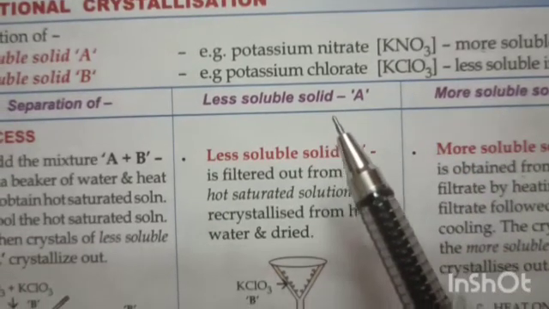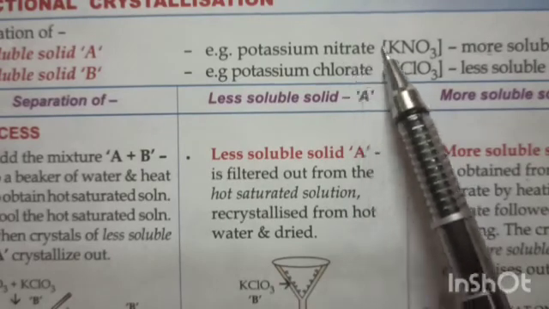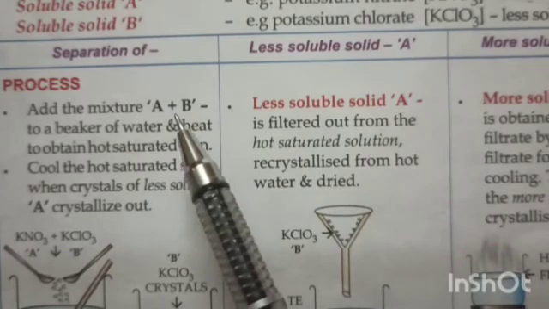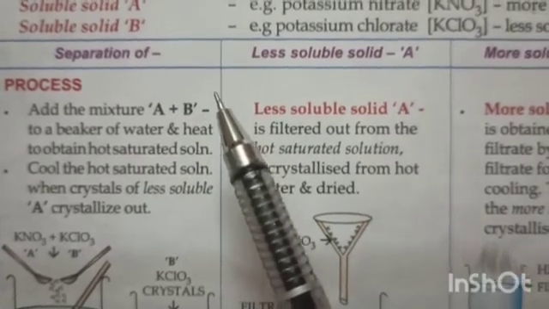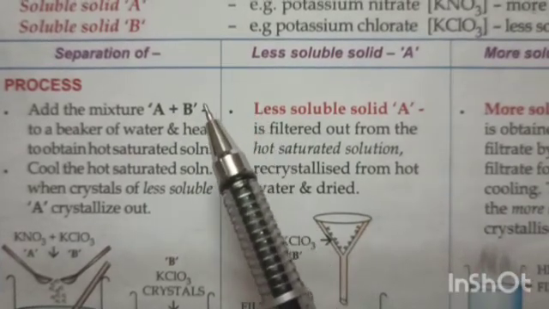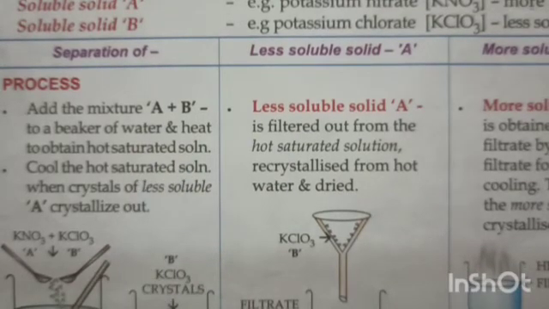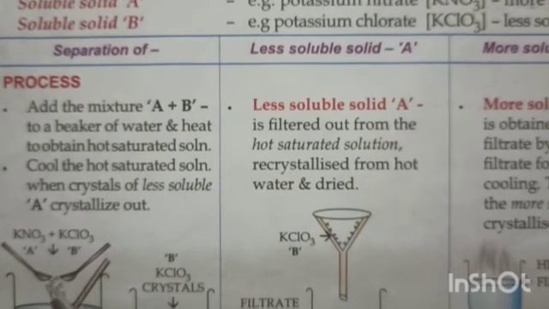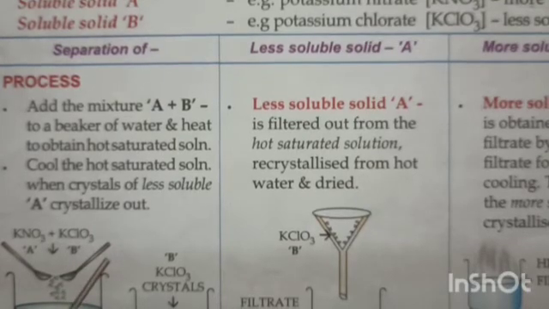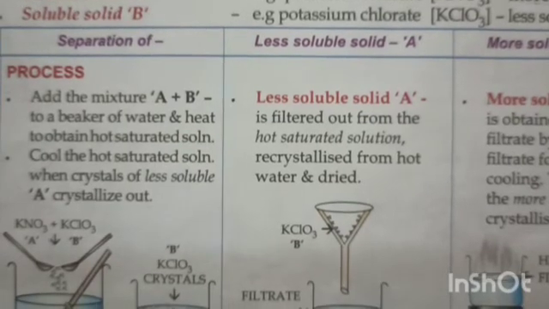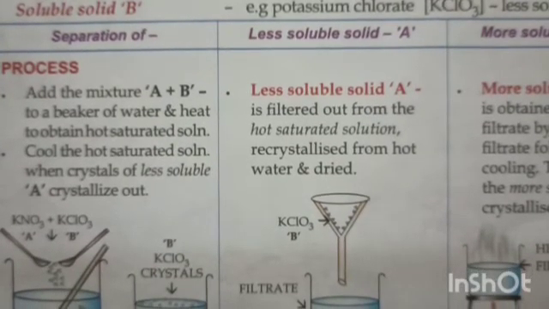How will you separate the mixture of potassium nitrate and potassium chlorate? You take the mixture of potassium chlorate and potassium nitrate in a beaker and add water. Then you mix it in the water and heat it. When you start heating it, you will get a hot saturated solution.